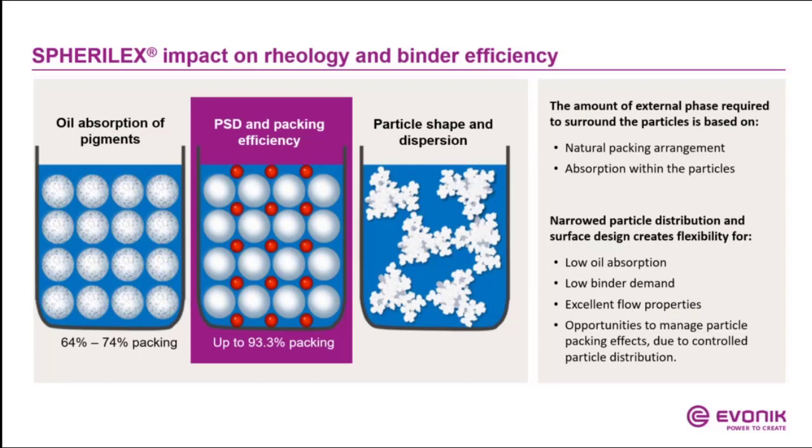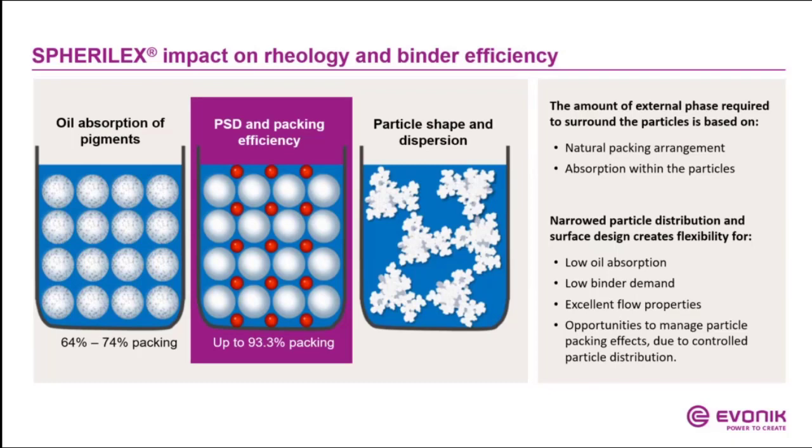On the left side, you see just round spherical particles. On the right side, you see irregular shaped particles. And in the middle picture, you see different particle sizes. Here, the red spherical particles express the SPHERILEX particles.